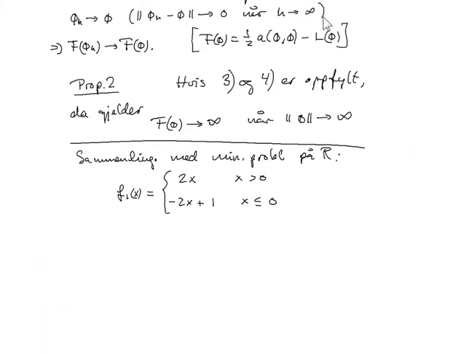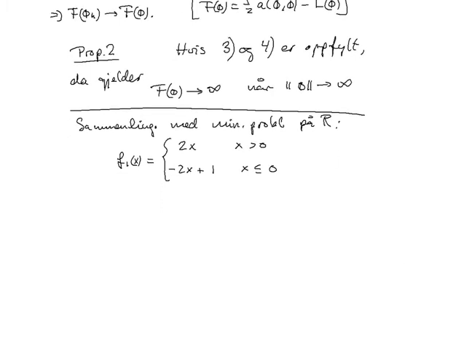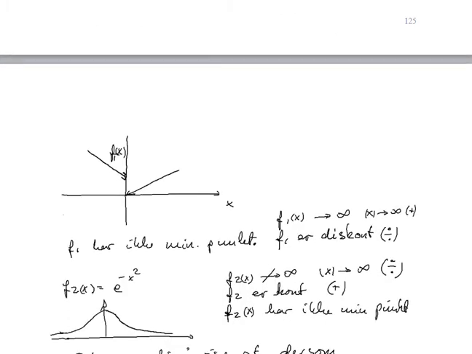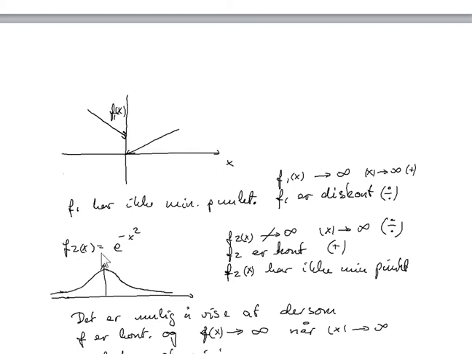Let's show you this important property, that f of phi turns to infinity when the norm turns to infinity. So let's give you a really simple example where this fails. For example, the function f2 of x equal to the exponential function of minus x squared. The graph of this function is illustrated here.